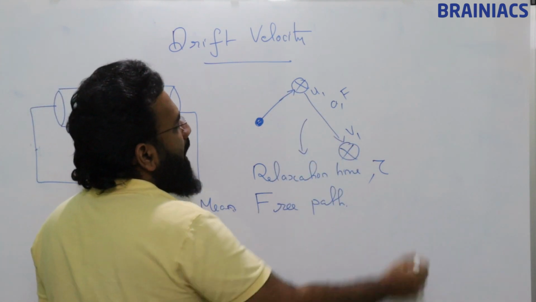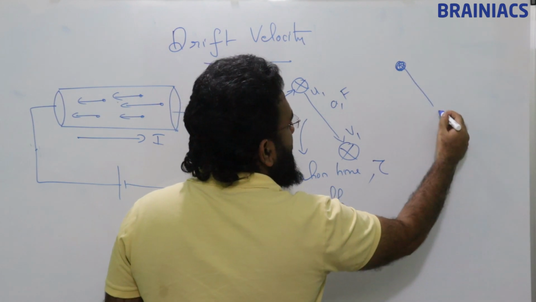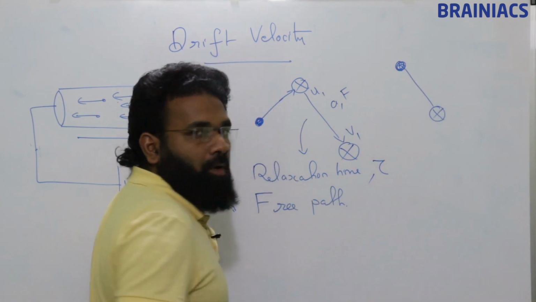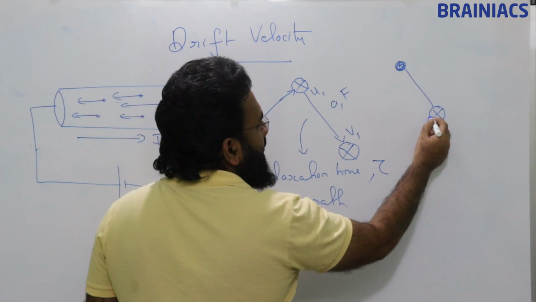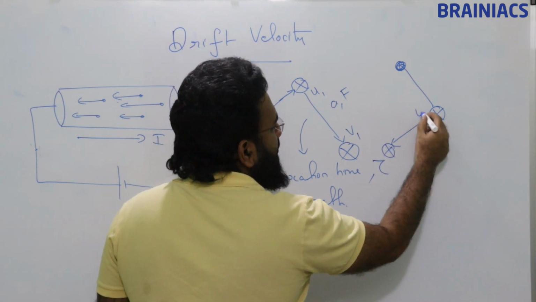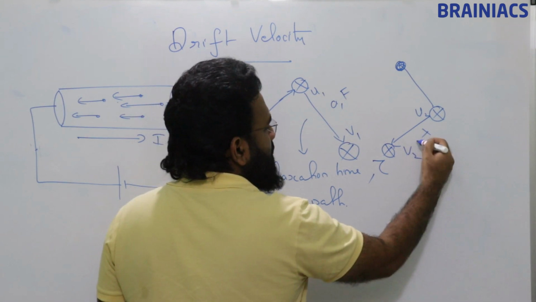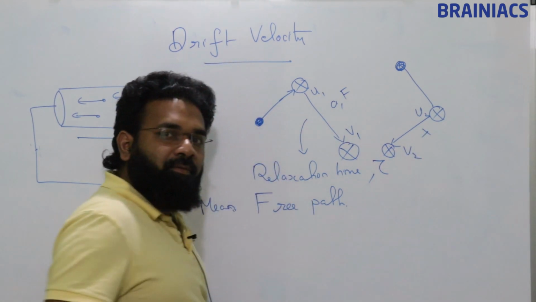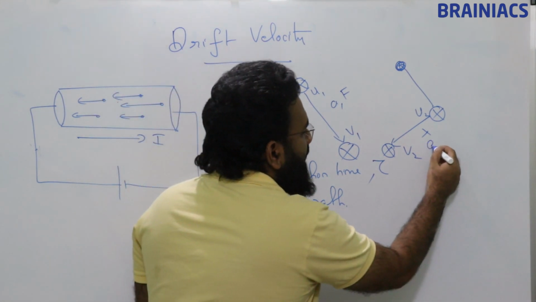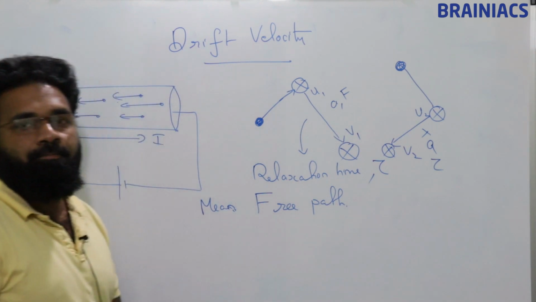Another electron if we take, again this is going to collide. After colliding, it is going like this. So there will be a collision here. Here U2, this is going to be V2. Again this also will have a mean free path, acceleration, and relaxation time.